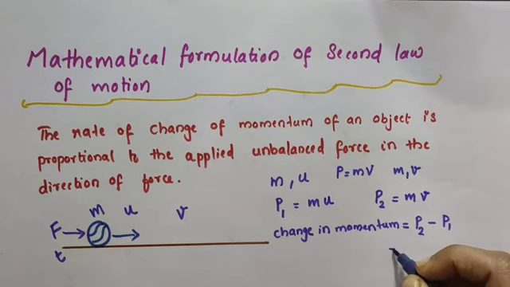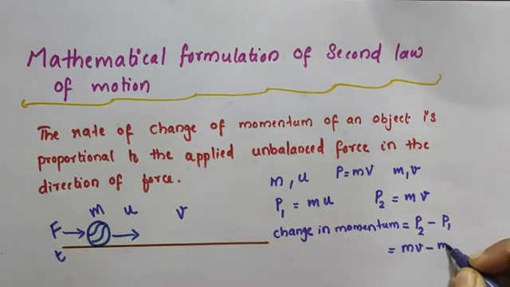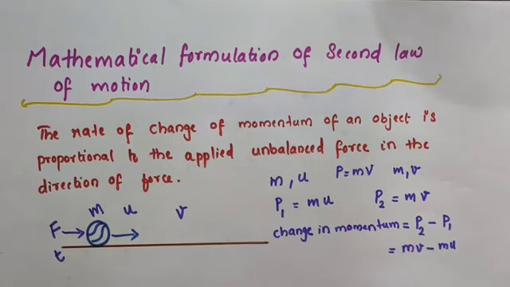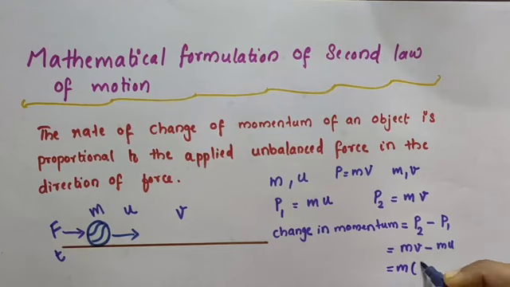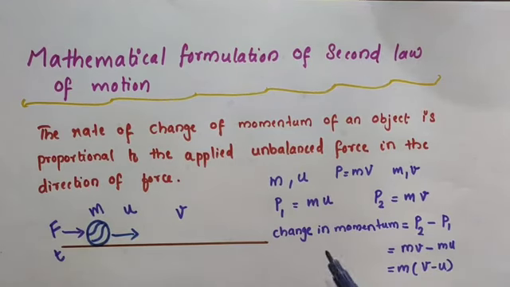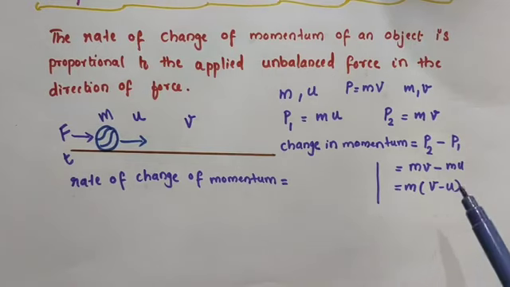So we can write the change in momentum as m into v minus m into u. Taking m as common, this can be written as m into v minus u. So we got the change in momentum as m into (v minus u).